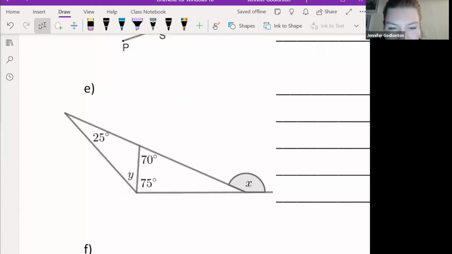All right. This one, I'm looking for X and I'm looking for Y. There are lots of ways you could go about it, but you can actually find X just by using one rule, and you can find Y just by using one rule.